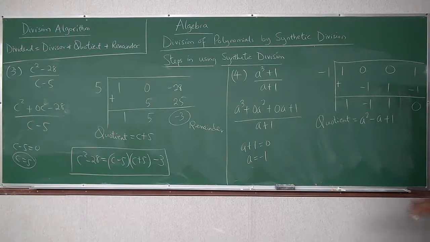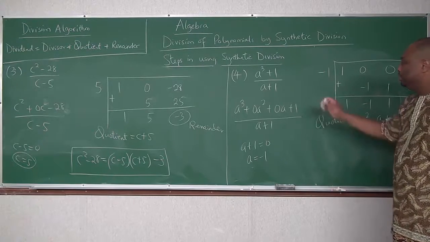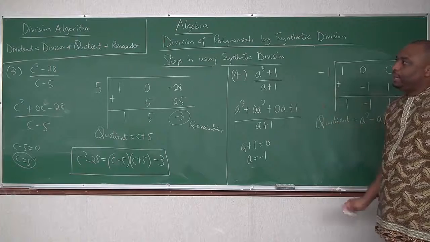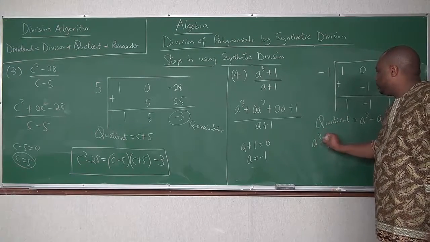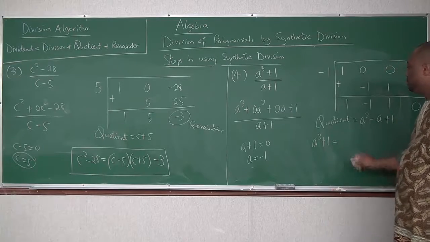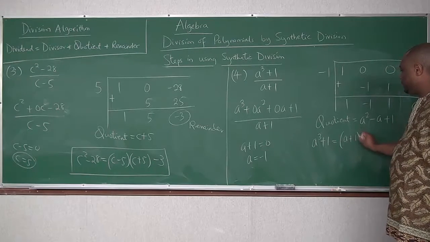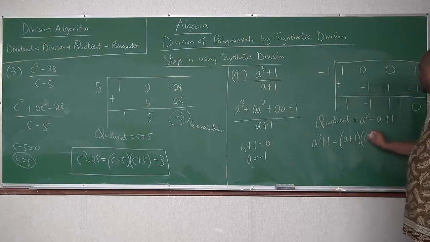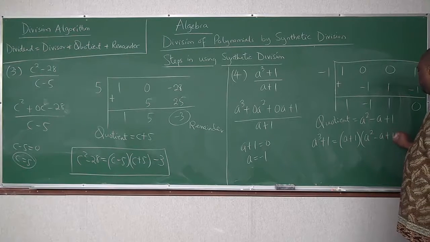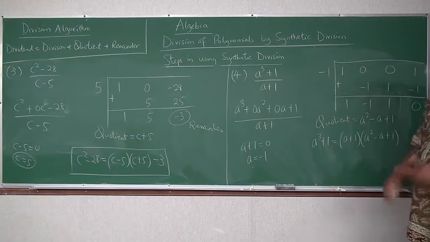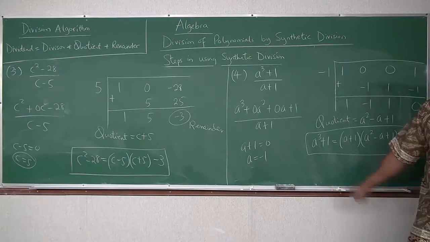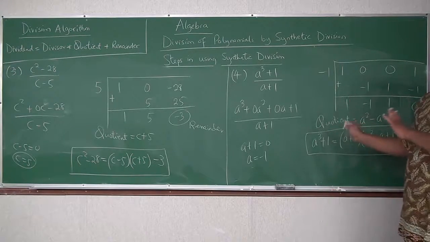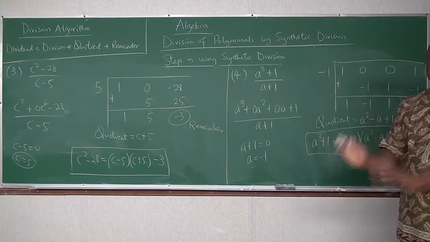If we write it in the format of the division algorithm, we see that a cubed plus 1 is equal to the divisor a plus 1 times the quotient a squared minus a plus 1. And plus 0. We don't need to put plus 0.